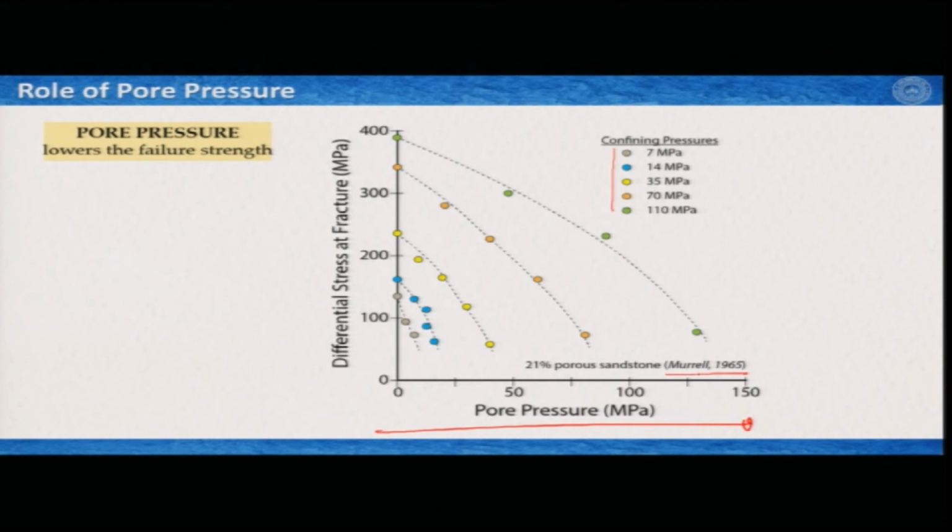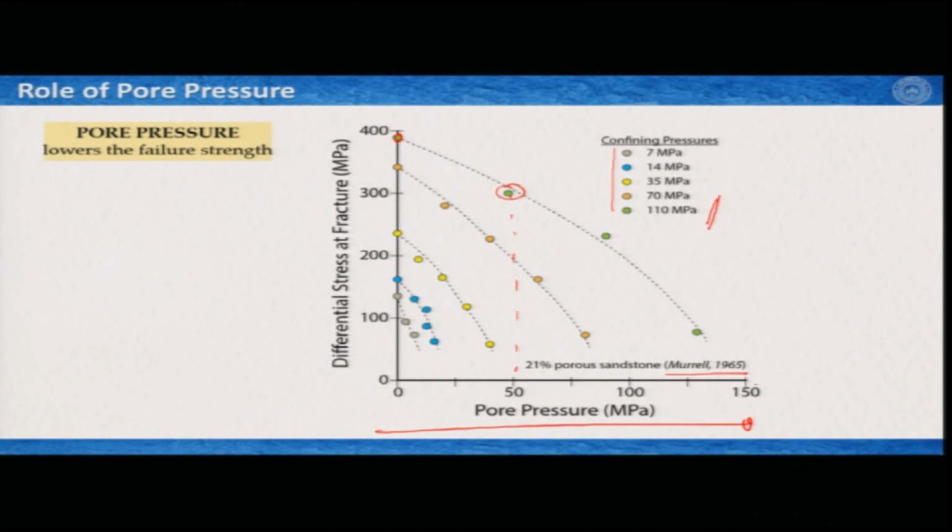So, what we see, for example, if I take this green circle where the confining pressure was 110 megapascal. So, at 0 pore pressure the strength was extremely high, close to 400 megapascal, but close to 50 megapascal pore pressure the strength reduces to 300 megapascal.